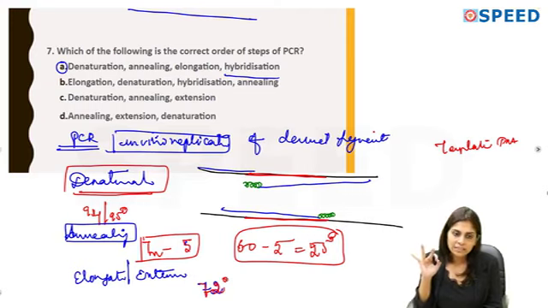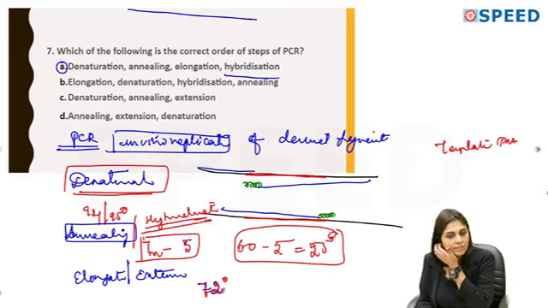So what are the 3 steps of every cycle of PCR? Every cycle of PCR should go through the denaturation step at what temperature? 94 or 95 degrees. Annealing at what temperature? 5 degrees less than the melting temperature of primers. Elongation or extension at 72 degrees. An annealing step can otherwise be called the hybridization step.